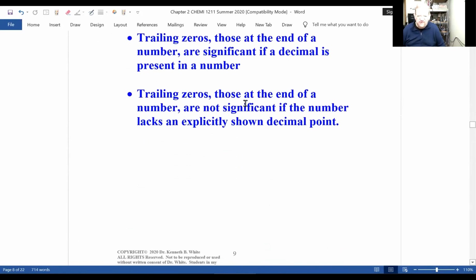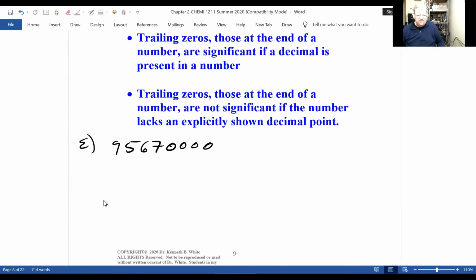Now, trailing zeros, those at the end of a number, are not significant if the number lacks an explicitly shown decimal point. Well, I better write one. Then the question is, in E, how many significant figures are in this number? And that's the skill hint. That's the skill you should have. Big hint.